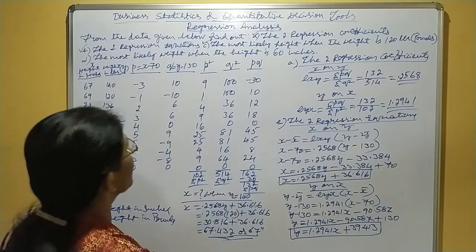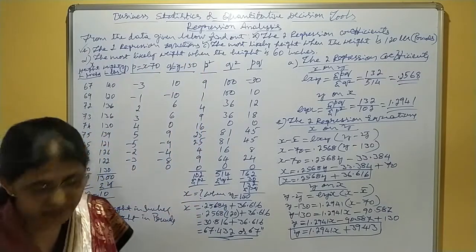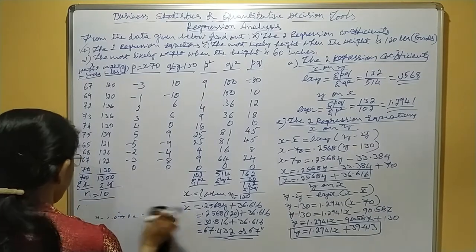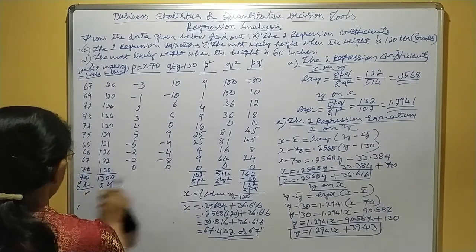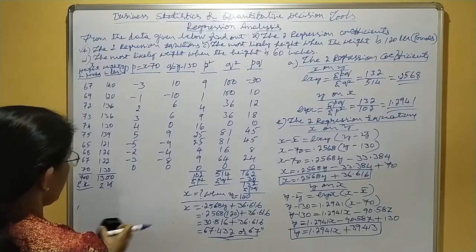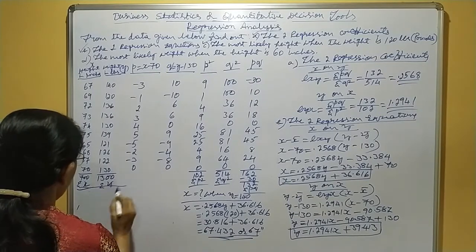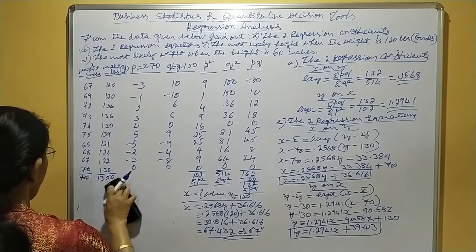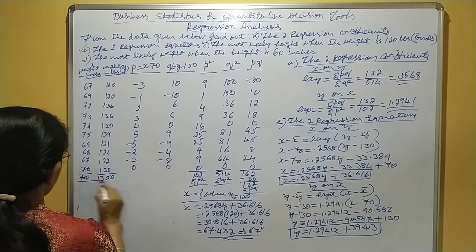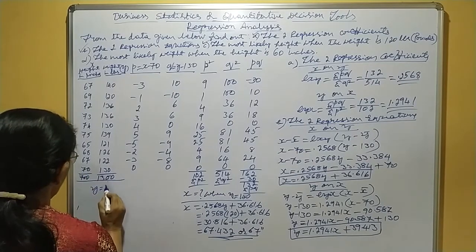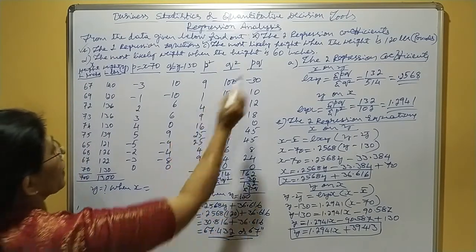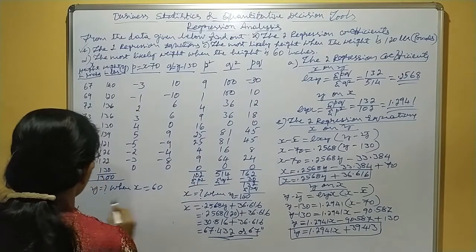Okay. Now the next question, now third question is over. The most likely weight when height is 60 inches. That means we have to find out y when x equals 60.